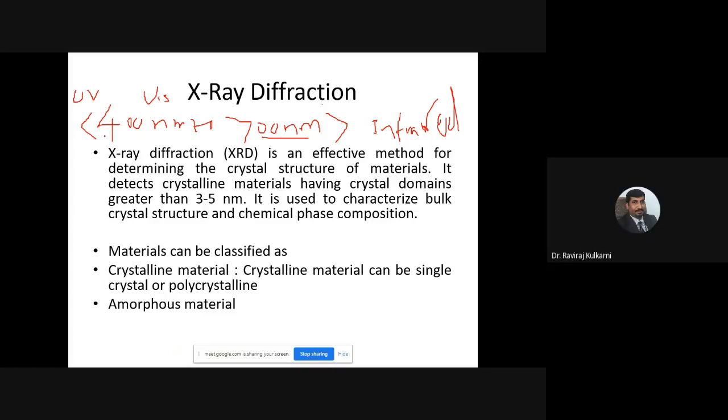So below 400 nanometer, it is called ultraviolet, right? Ultraviolet is usually 200 nanometer to 400 nanometer.